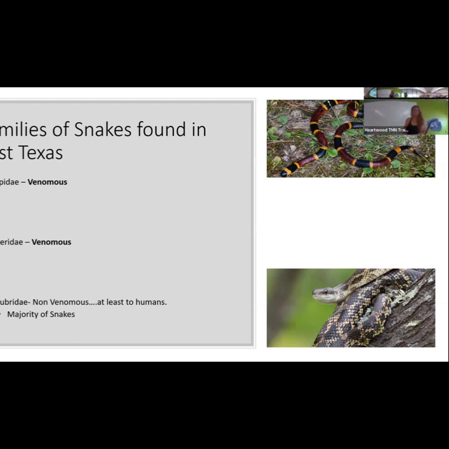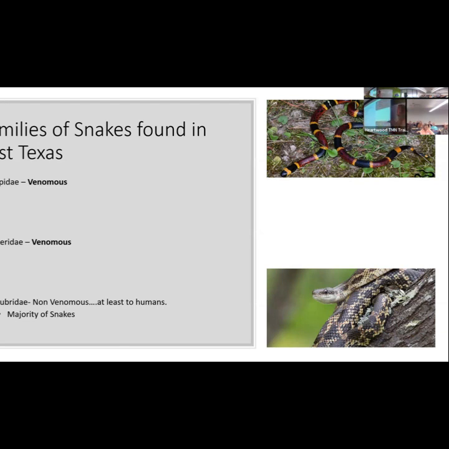So our families of snakes that are found in East Texas, we have the elapids. They are the venomous coral snakes, and they are also in the same family as cobras. So elapids, if you don't count sea snakes, we have one member in North America, that's our Texas coral snake.